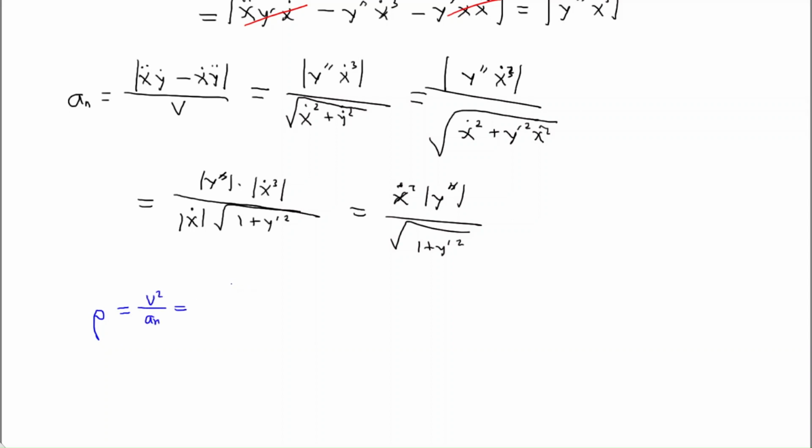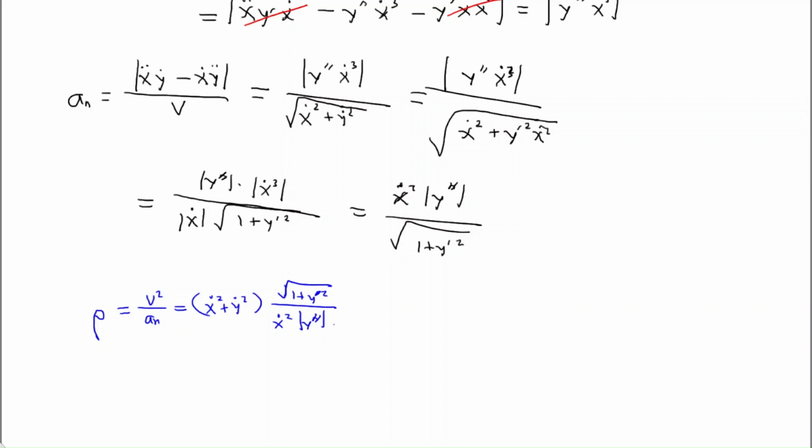So v squared is the same thing as x dot squared plus y dot squared. And then let's take the reciprocal of a sub n, so I get the square root of 1 plus y prime squared over x dot squared, y double prime, absolute value.